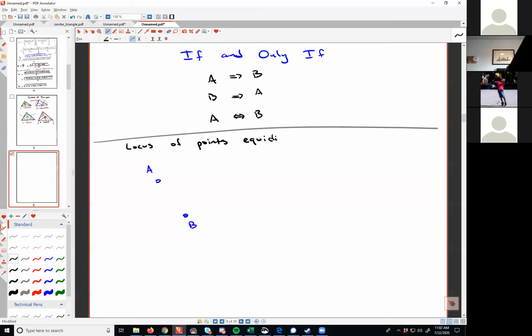That will be the line perpendicular to the line AB, which passes through the middle of AB. Okay, that's a claim. Wow, what a spectacular claim. Okay, I like it. How do we prove that?